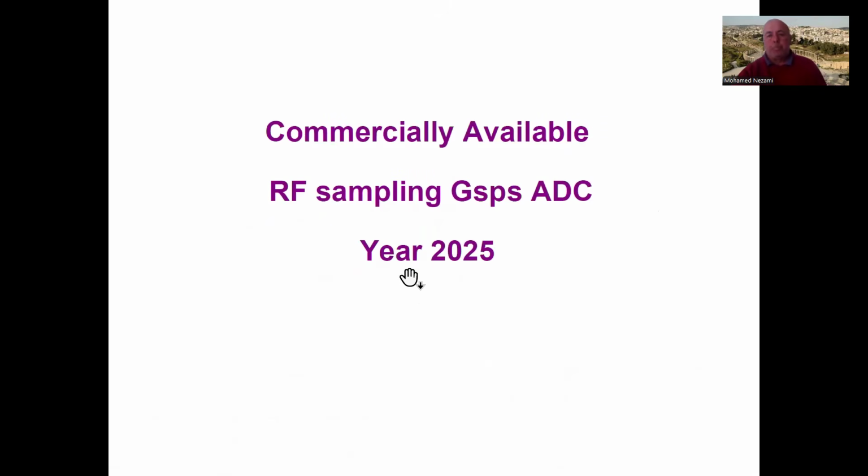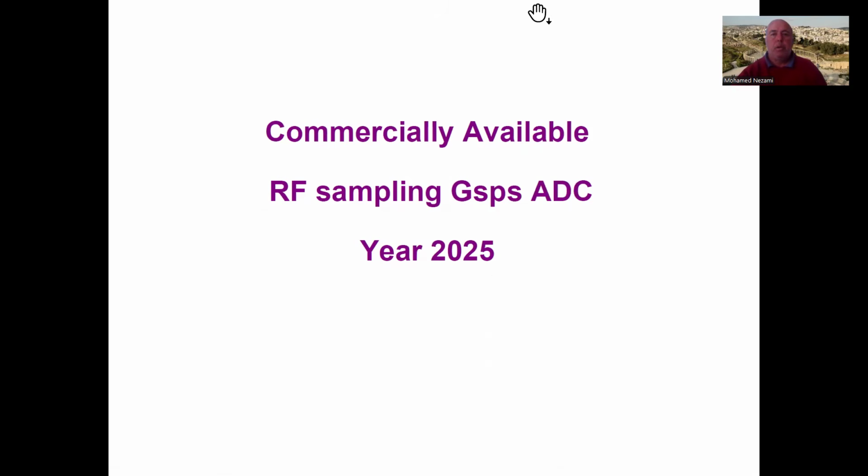Okay? Now, next, what we're going to do is look through more of the ADCs that are available this year, 2025, to see what wireless services we could build receivers for using the current state of the market in ADCs. And that's going to be in the next part.